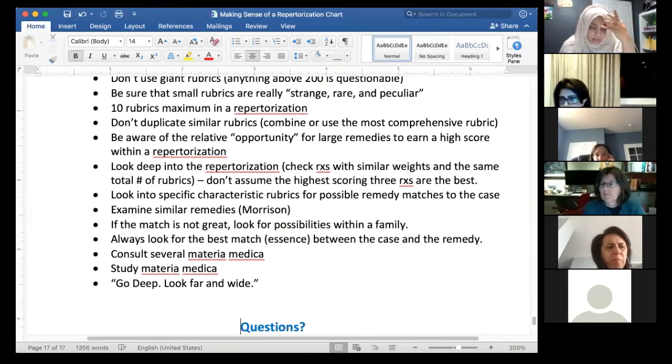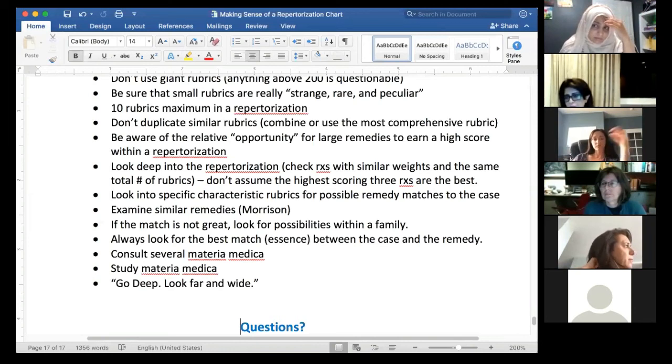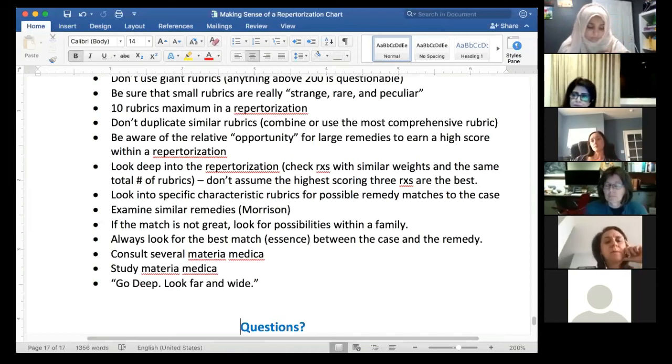Well, again, you have to ask, is this a strange, rare, and peculiar symptom? If it is, there are strange, rare, and peculiar rubrics in the repertory that have only one or two remedies. So definitely look at that rubric and that remedy.